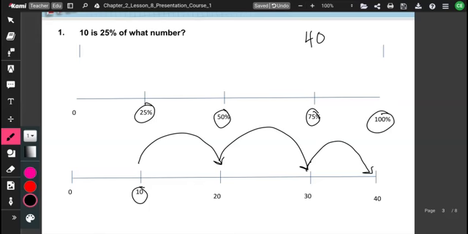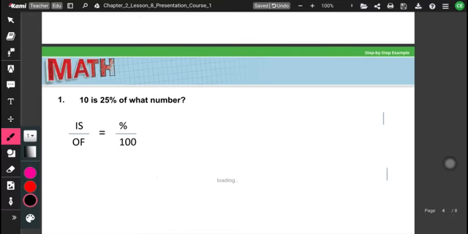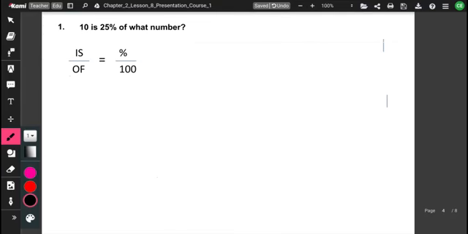Another way that you could do this, which I think is easier, and this is what I was saying, I like the percent portions better than doing the double number line. So 10 is 25% of what number? What we're going to do is use is over of equals percent over 100.